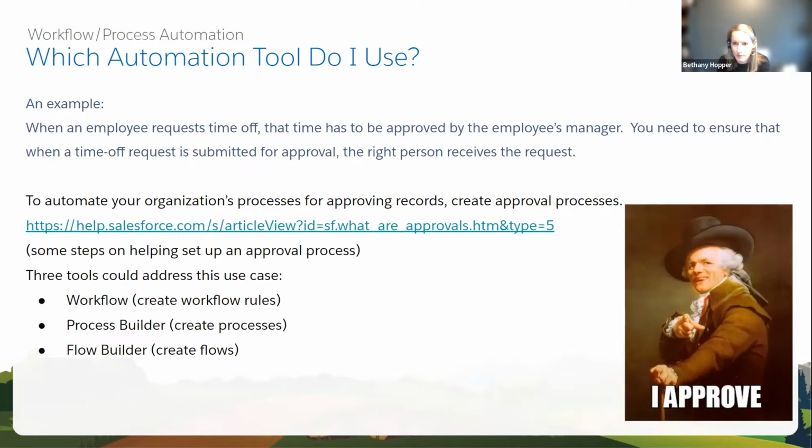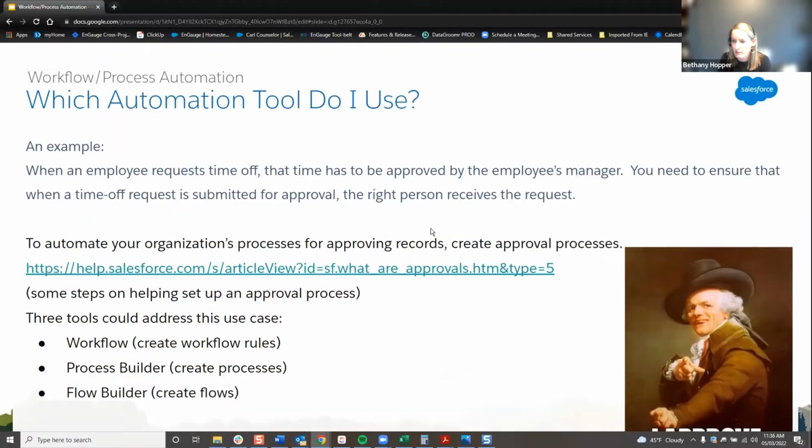Then you'll need to ensure that when a time off request is submitted for approval, the right person receives the request. So to automate your organization's processes for approving those records, you'll want to create an approval process. And this link will take you to the steps to create the approval process and give you more information.